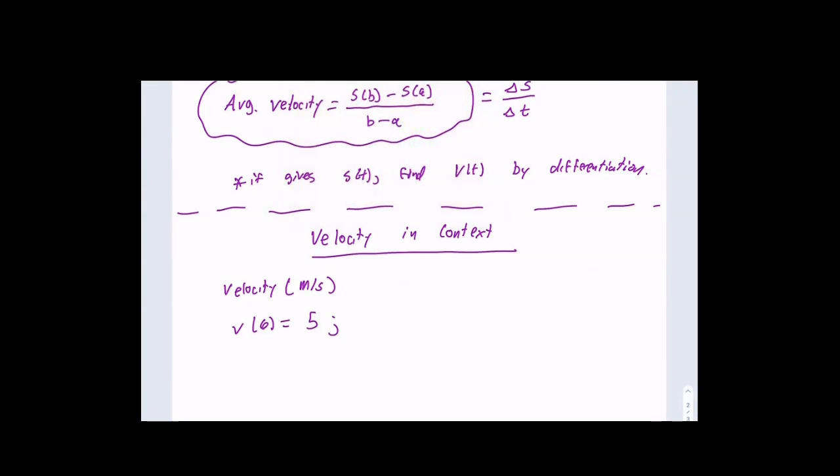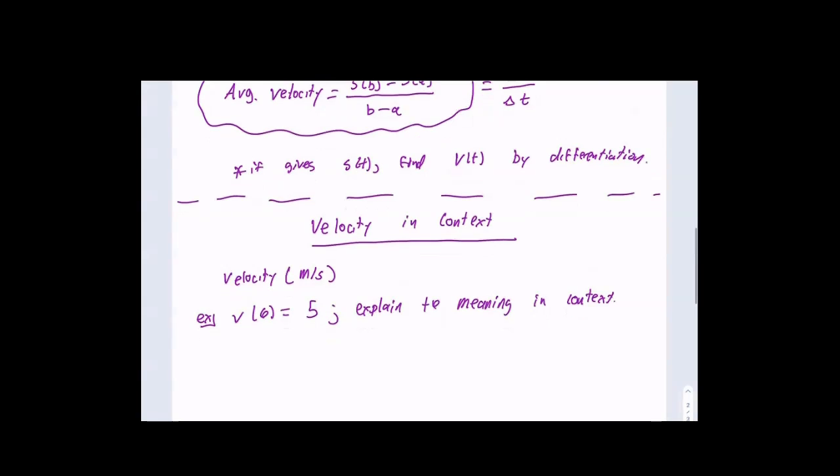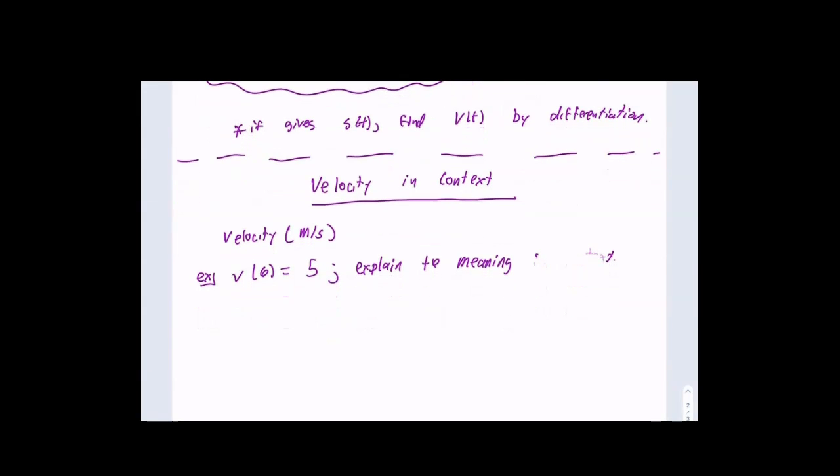Let's see how we can explain this. What does v of 6 equals 5 tell us? How would I explain that? V of 6 equals 5. Explain the meaning in context. Well, there's not really context, so indicate units.